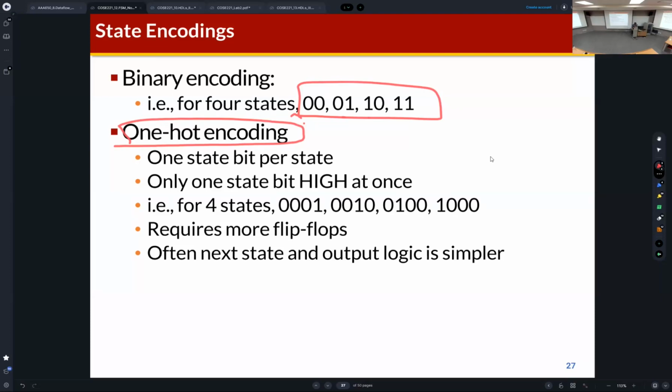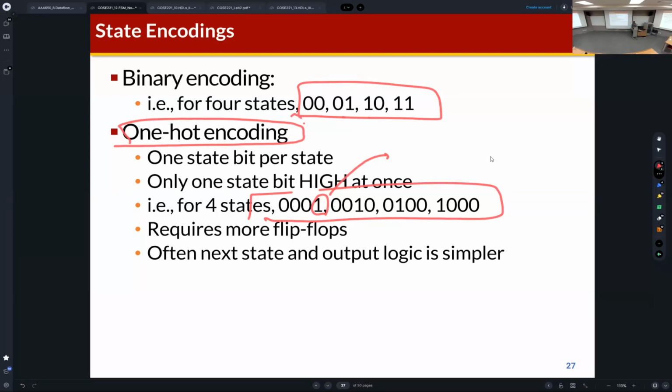Actually, in one-hot encoding, each bit represents a different state. So in order to represent the 4 different states, we require 4 bits to implement one-hot encoding.